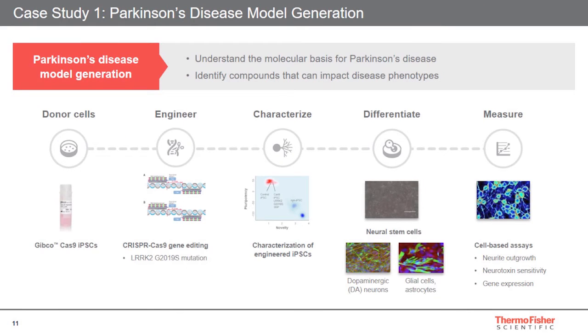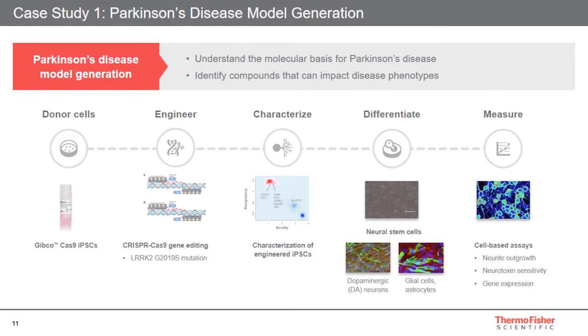So what I wanted to do now is just shift gears a little bit and actually give you some great disease modeling success stories that were funneled through collaborations between Thermo Fisher custom services and our customers. And the first is a collaboration with the Parkinson's Institute to generate a Parkinson's disease model.